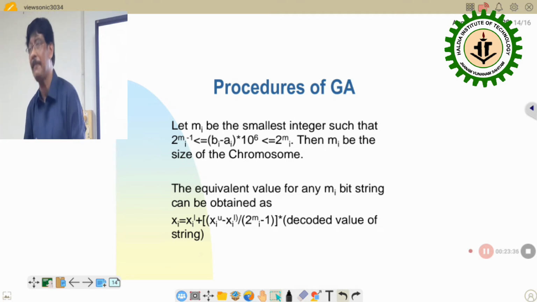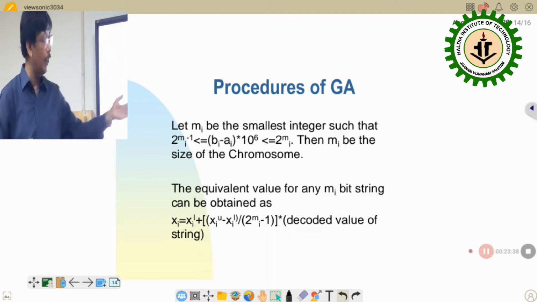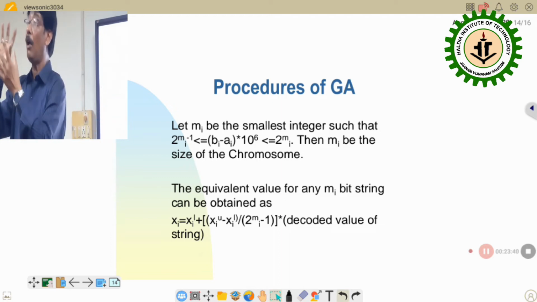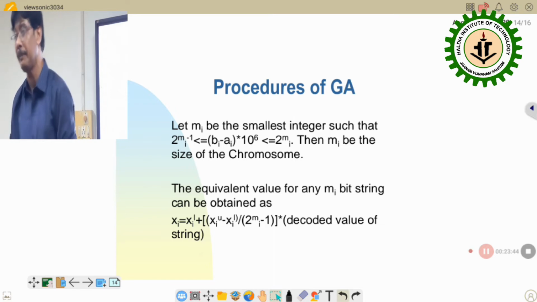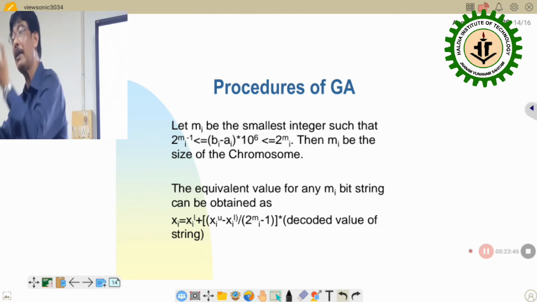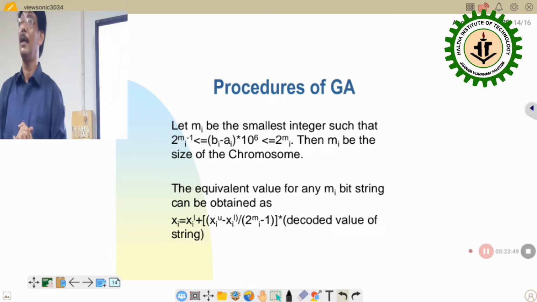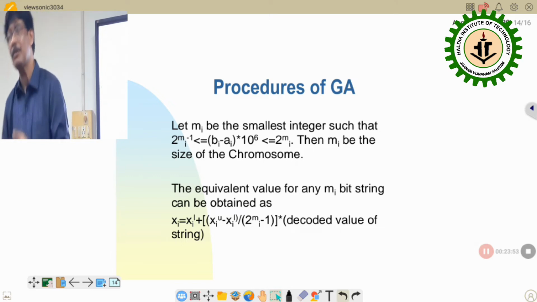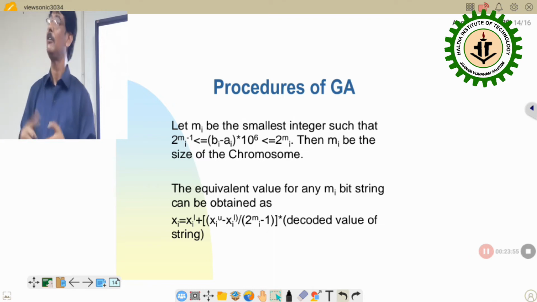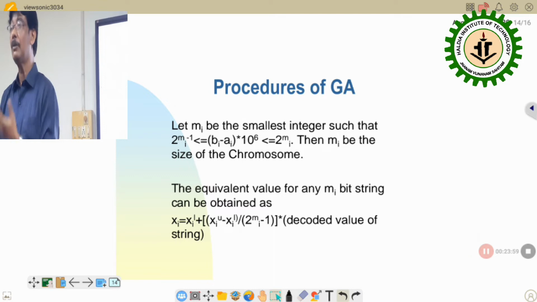As you are maximizing the value of fx, you check how many chromosomes give good maximum values of fx, and which chromosomes give poor values of fx. The solutions which give poor values of fx, you have to discard, or replace by good chromosomes.